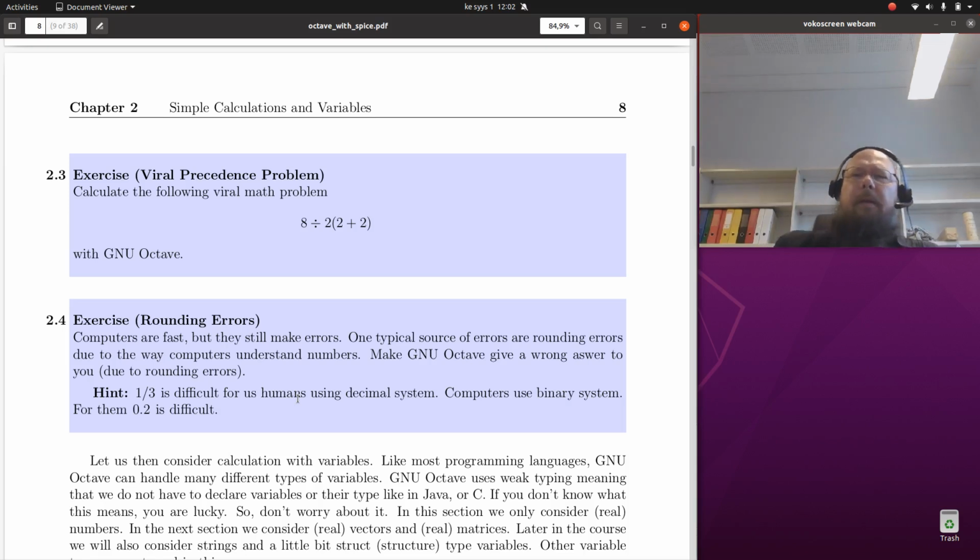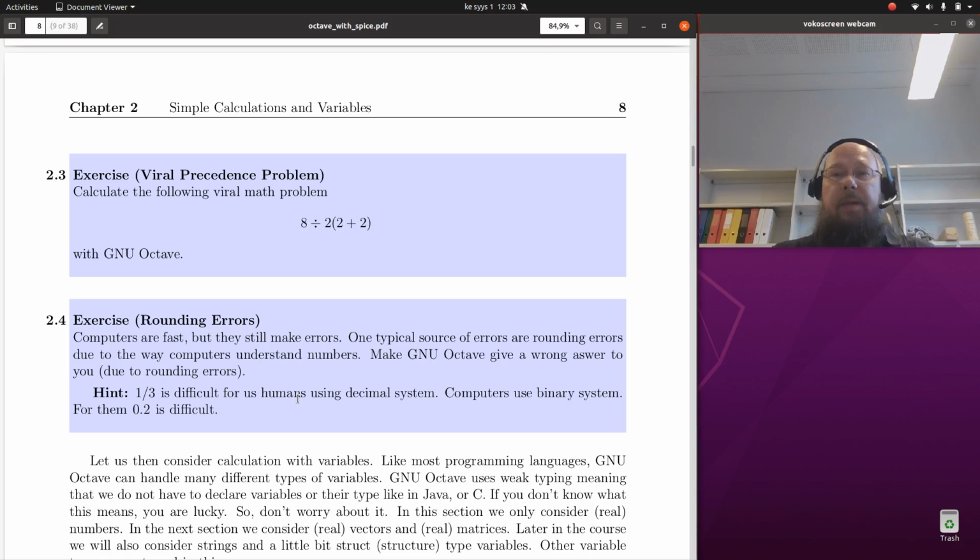The similar thing is true for computers also, but actually 1/3 is not that nasty for computers. It's not nice either. And the reason is that computers don't use the decimal system, but actually the binary system. And it happens that 0.2, which is very nice in base 10, our decimal system, is actually pretty nasty in the binary system.